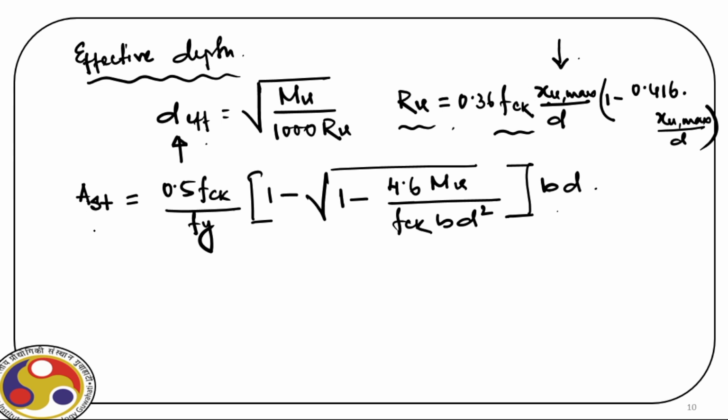Now, once we find out the steel, we also check the minimum requirement of steel. So there is a provision we already have gone through in beam design, so that we have to satisfy.